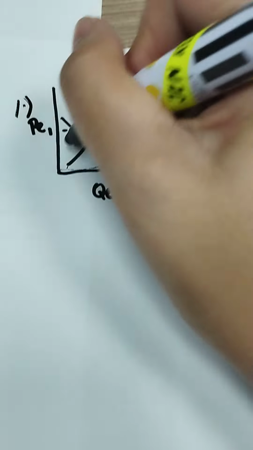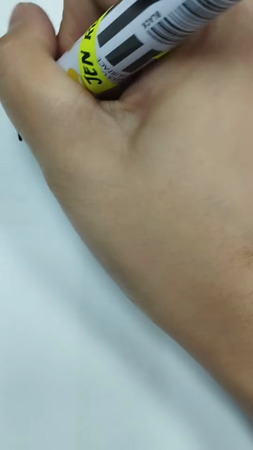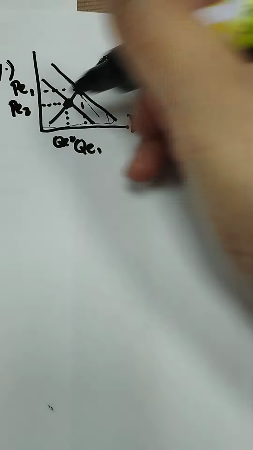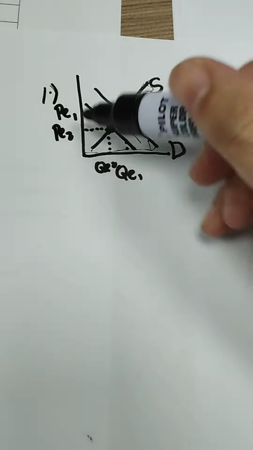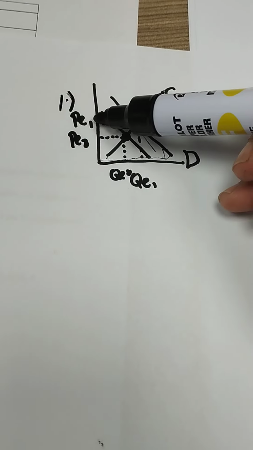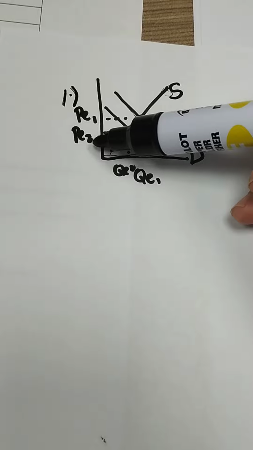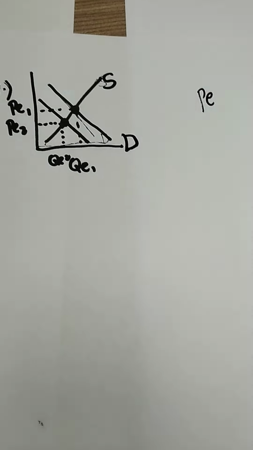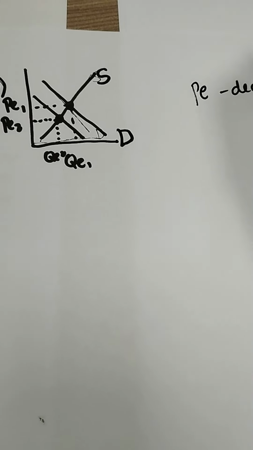Now, we create a new equilibrium point. And if you are to identify that one, you have a new equilibrium price and a new equilibrium quantity. If you notice, the PE1, the original price, is higher than the new equilibrium price. So therefore, we can say that as for the equilibrium price, there is a decrease.